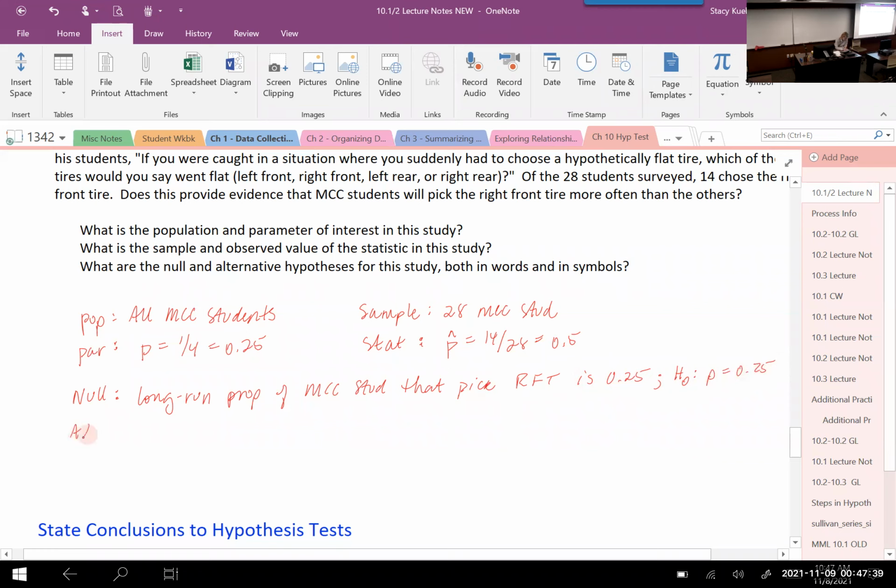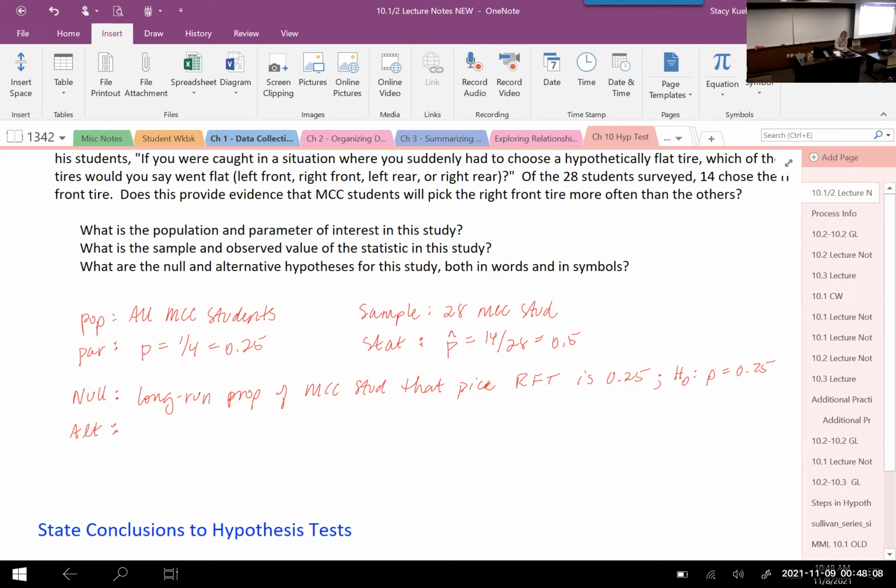So the alternative, what are they trying to show? What does this researcher want to show? The number was correct, because it's greater than.